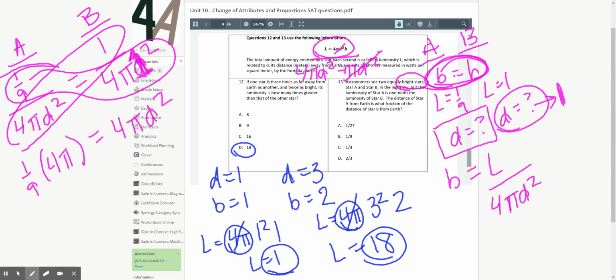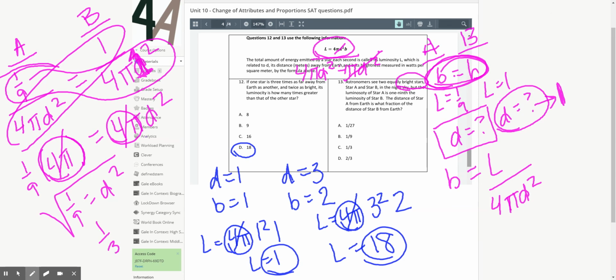But do you notice it's the same on both sides? 4 pi crosses out, 4 pi crosses out. So 1/9 equals d squared. I take the square root of that, and we get 1/3 equals distance. So the distance of star A is 1/3 the distance of star B. And conveniently, we have an answer choice right there.